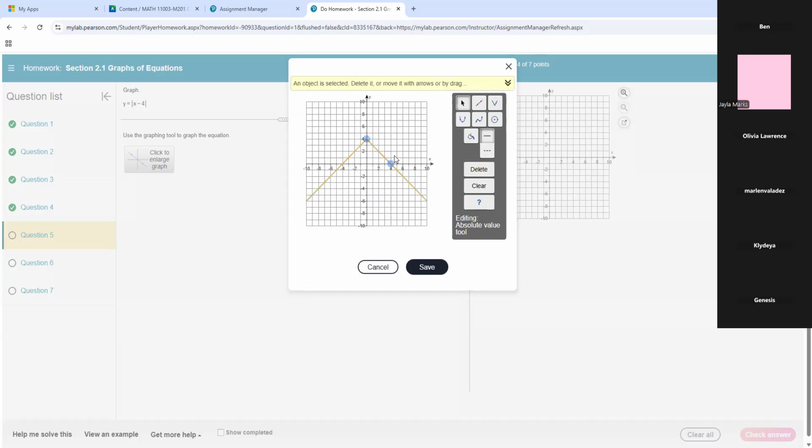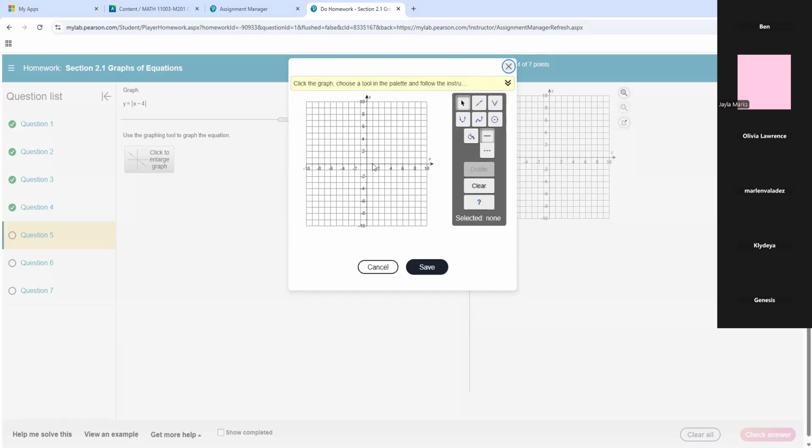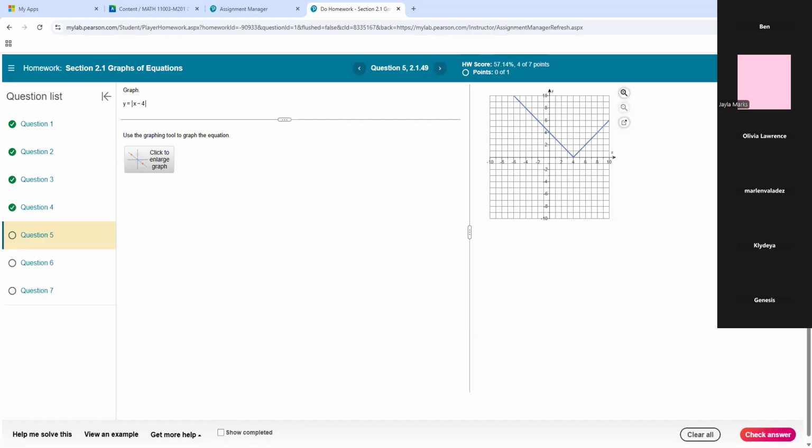That doesn't look like my graph, because it's treating that first point as the vertex. So you're going to get the wrong graph if you do not plot your points right. You have to do 4, 0, and then 0, 4. You must start with the vertex.